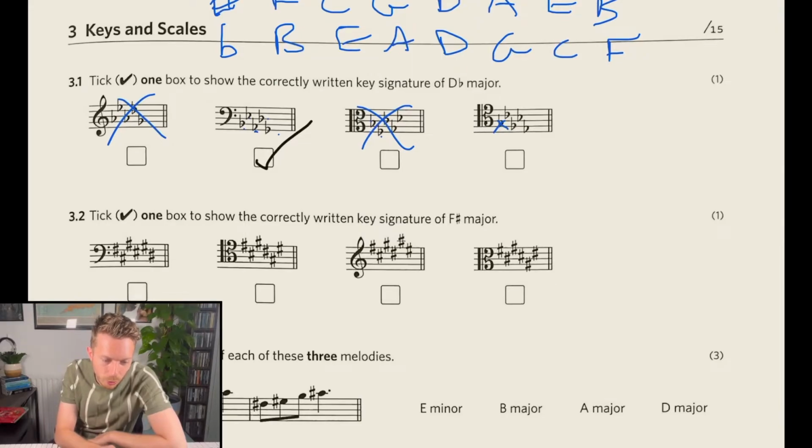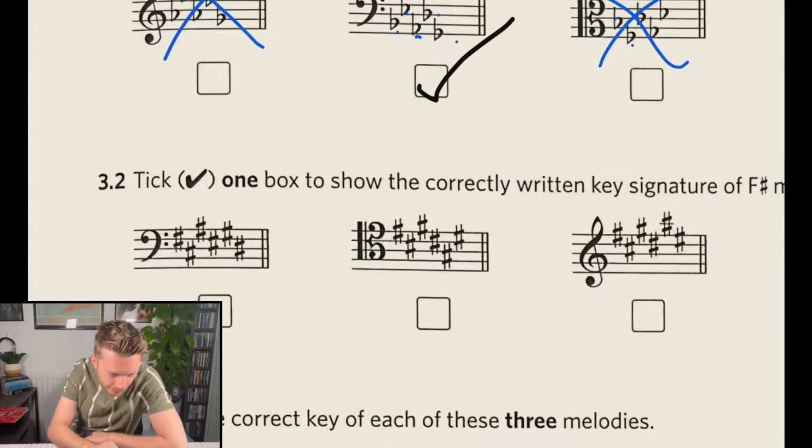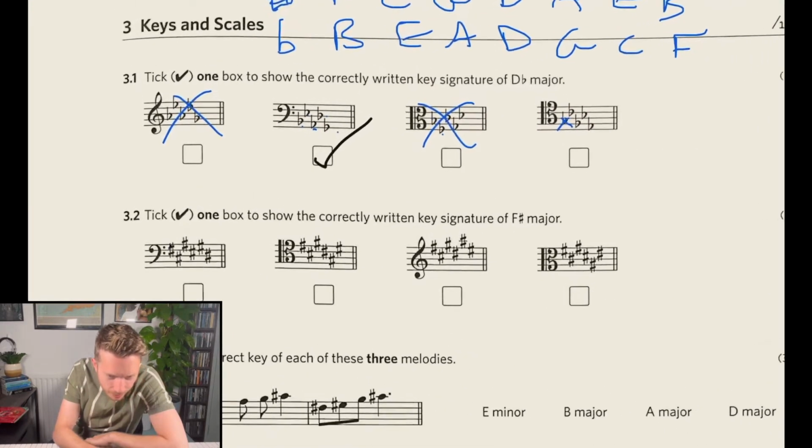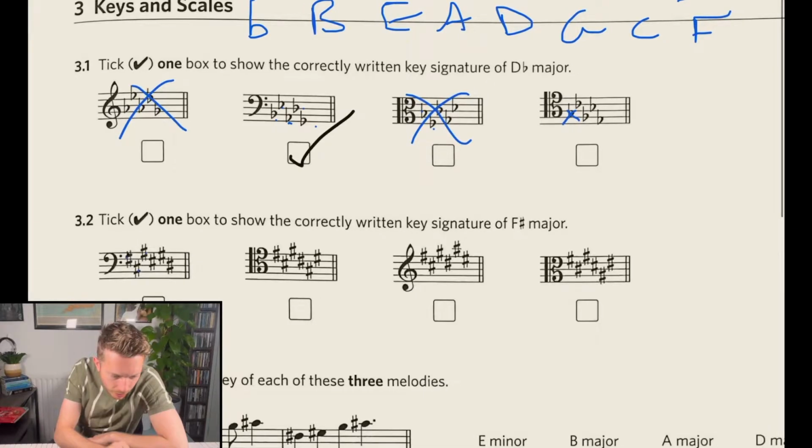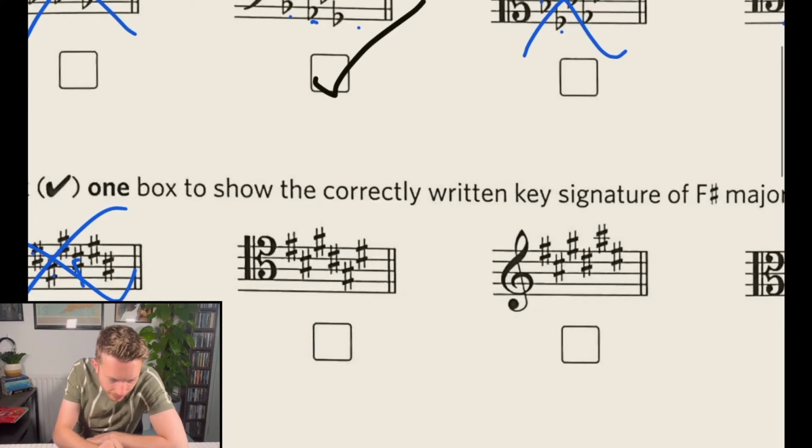So we're looking at the order of the sharps: F, C, G, D, A, E. Let's go through it. F, yes. F, C, G. That is not a D, so that's wrong.